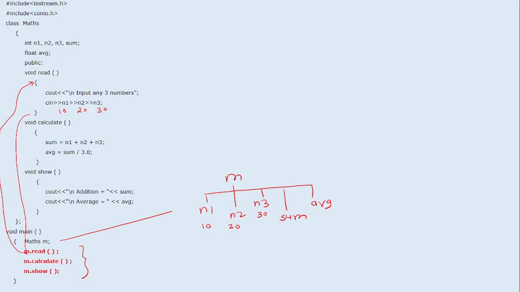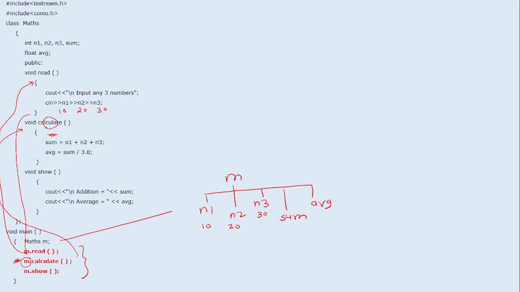Then the next statement, m dot calculate, goes to execute calculate. Sum equals n1 plus n2 plus n3. Here we don't have any value for n1, n2, n3, but we are calling this calculate member function with respect to m.